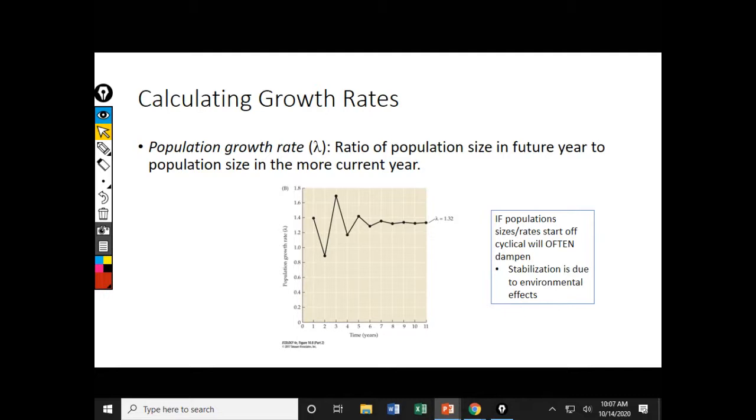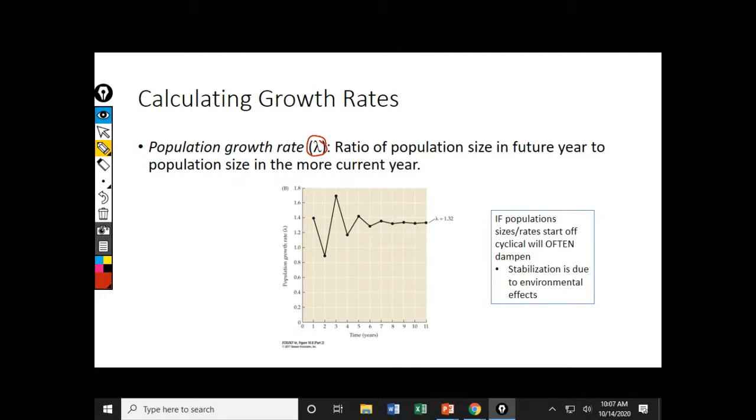And this can be both positive or negative, as we saw with our life tables. Okay, so we're going to start off by looking at lambda, which is the symbol you see here. And this is generally the more common one. So this is the population growth rate.